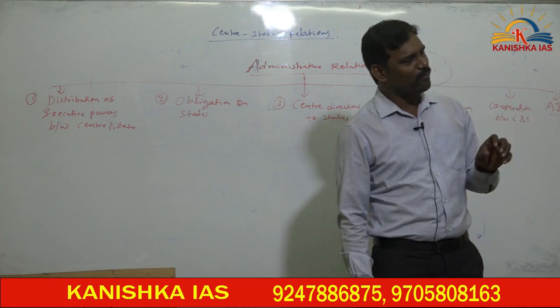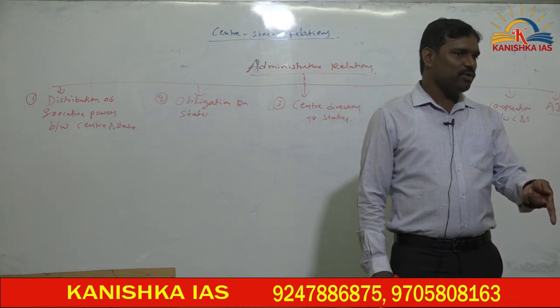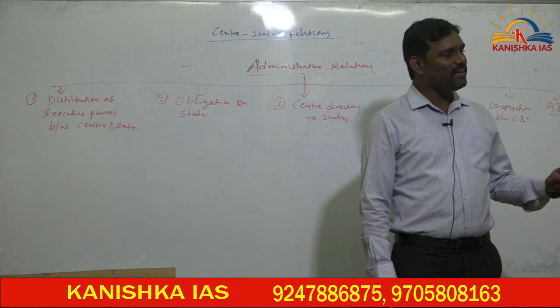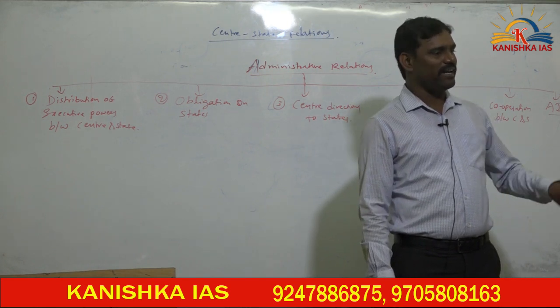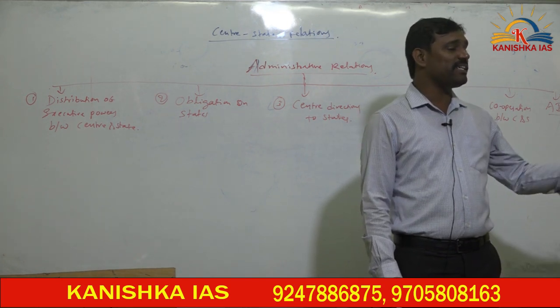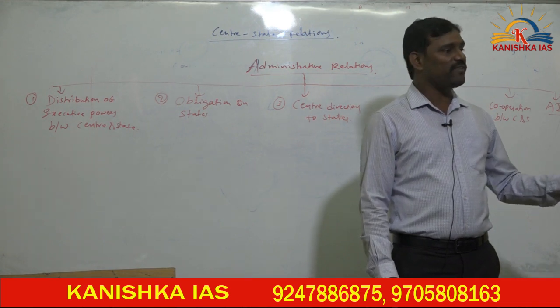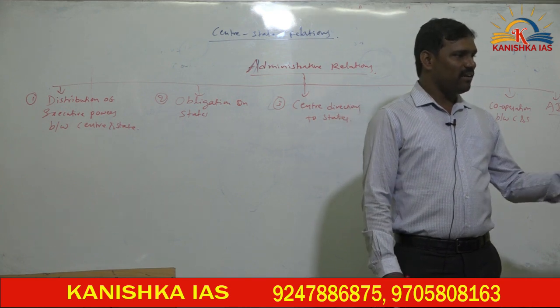You added it in the union list because it has national interest, and also uniform law is required for the entire country. Similarly for the state list, regional interest is there and so much diversity. So those kinds of subjects are added in the state list.